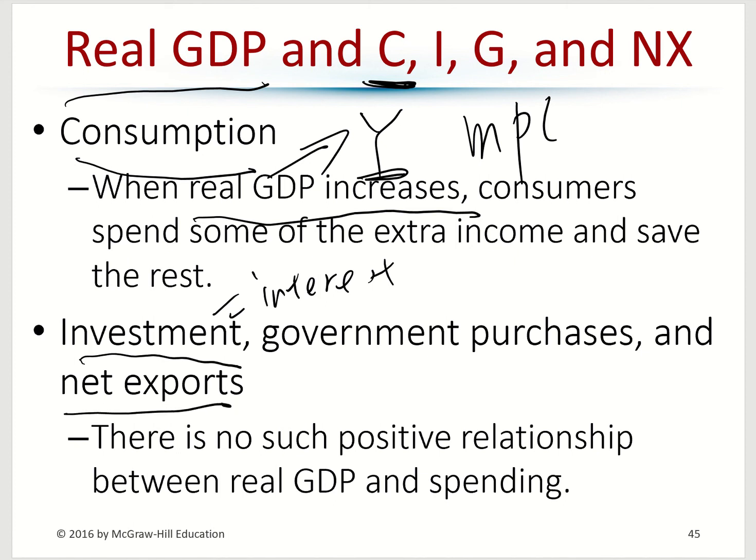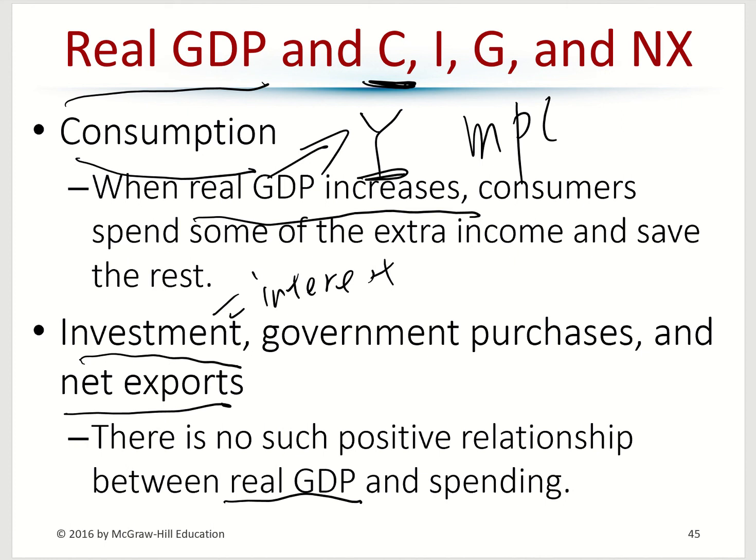Now, net export is more complex than what we tend to talk about in this chapter, because for net export, whenever real GDP increases, there are actually a couple of factors working against each other. For one, if your real GDP is increasing, so the overall economy has more income, then we tend to buy more imports. We tend to buy more cars made in Europe, cars made in Japan, right?